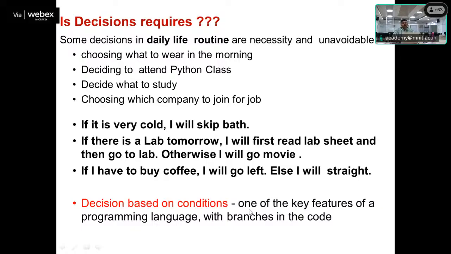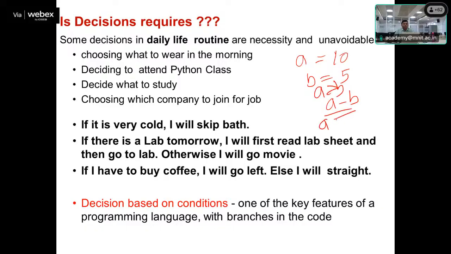If A is greater than B, then I will do A minus B. Suppose A is 10, B is 5, and I want to compute A minus B. Assuming that only if A is positive can I do it, I can take the decision: if A is greater than B, I can do the subtraction.